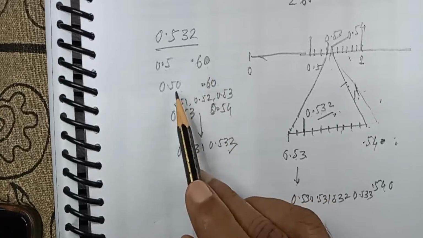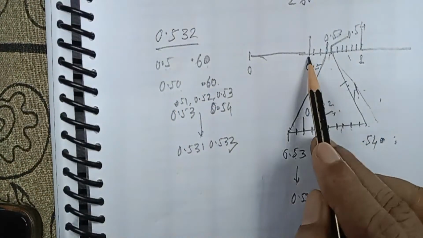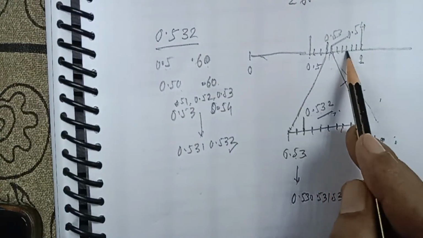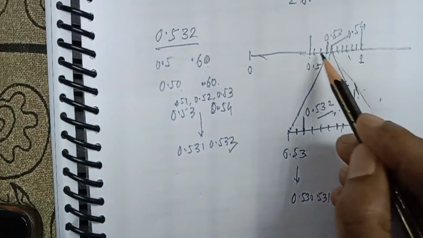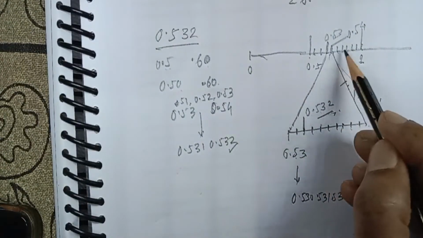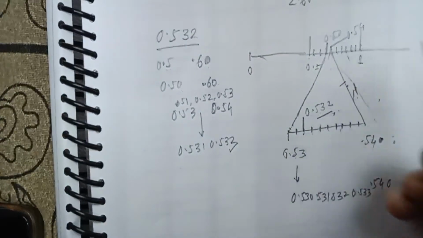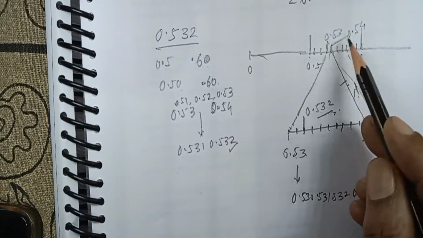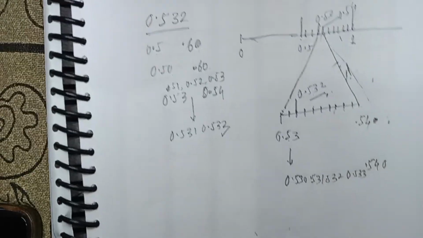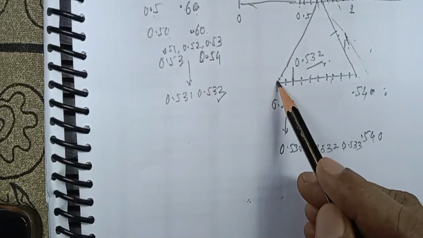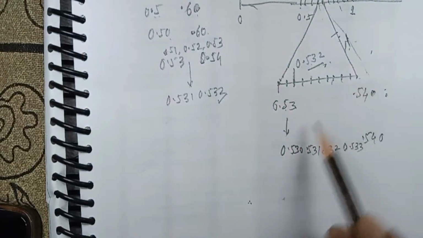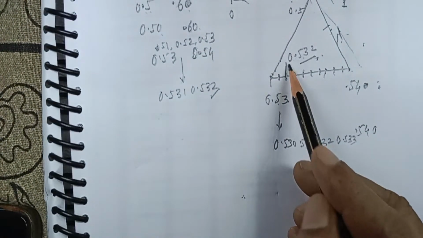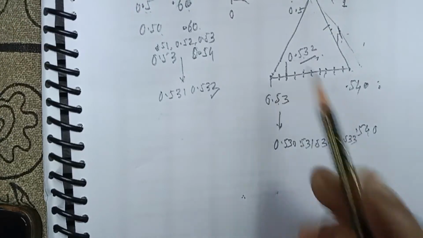Okay, and this will be 0.50, 51, 52, 53, 54, 55, 56, 57, 58, 59, 60. Okay, 1, 2, 3, 4, 5, 6, 7, 8, 9, 10. Okay, so this will be 0.53 and this will be 0.54. So again you have to magnify it. 0.53, 0.54. So 0.531, this will be 0.532. Okay.